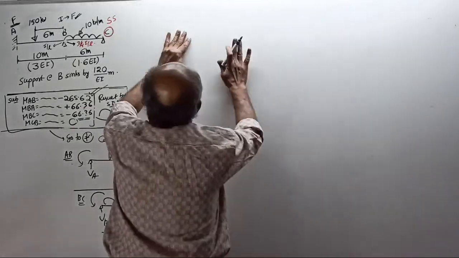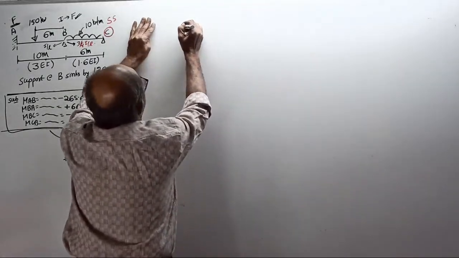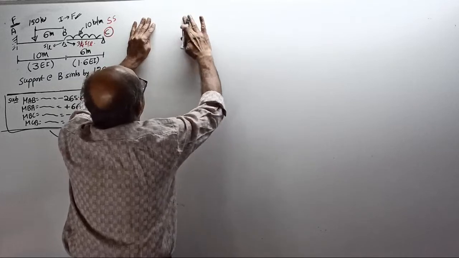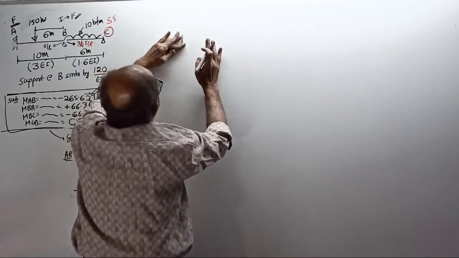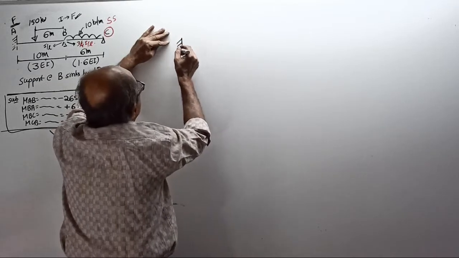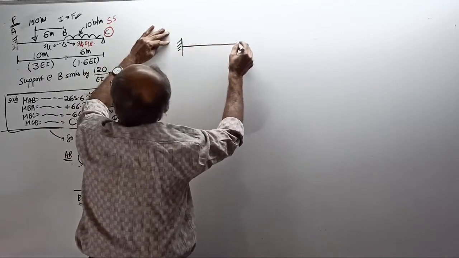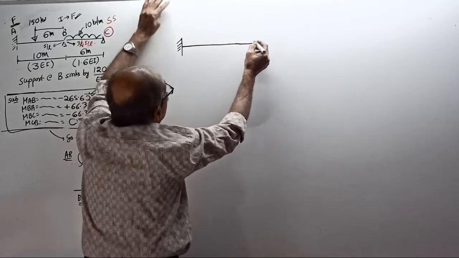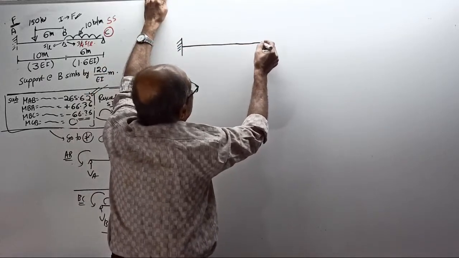Okay, now what you do? First, somewhere here, I will write the member. Little down, space problem. Okay, here I will put the member. How much? 10 meter. Some scale required, 10 meter and then 6 meter.